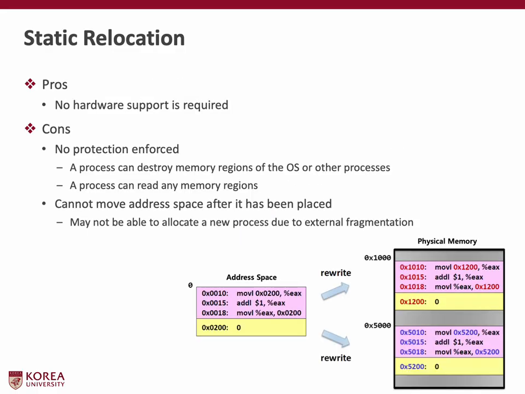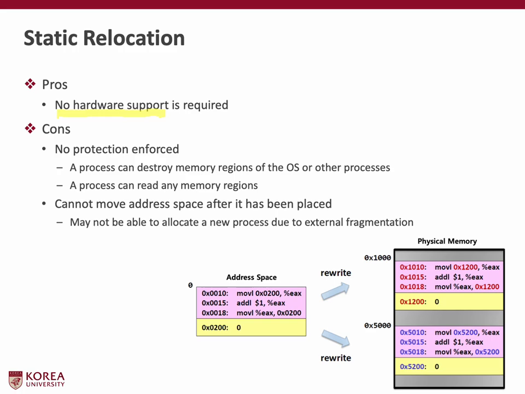Okay, then this time let's talk about the pros and cons of this approach. Basically, static relocation has one clear advantage. That is, it doesn't require any hardware support. So in this approach, everything is done by the operating system before program execution.